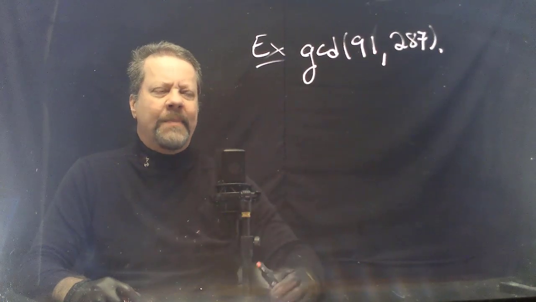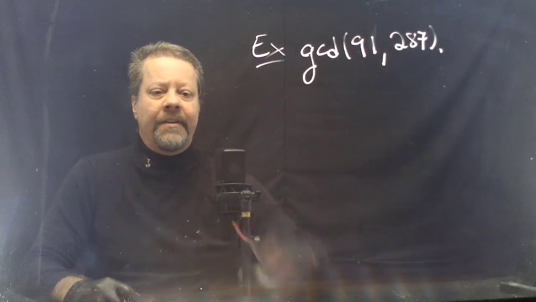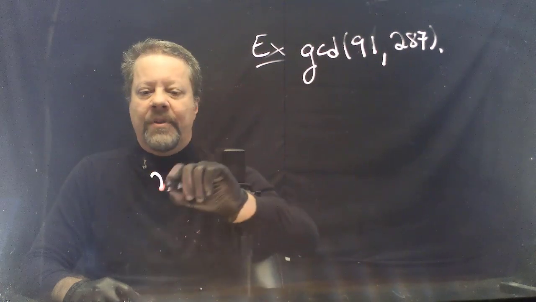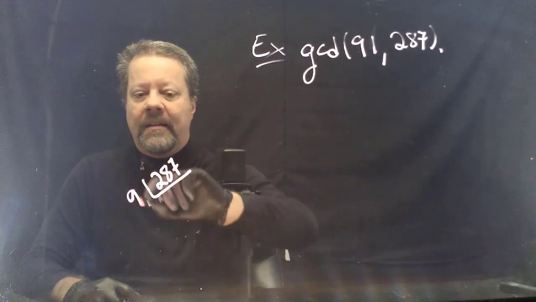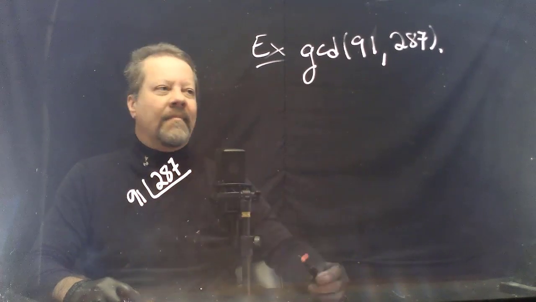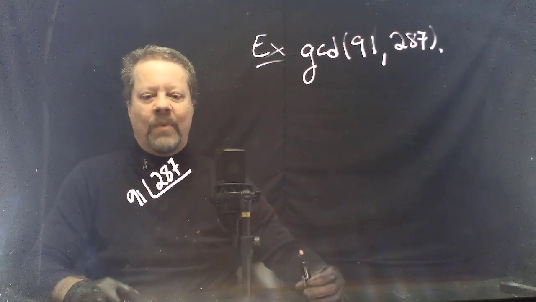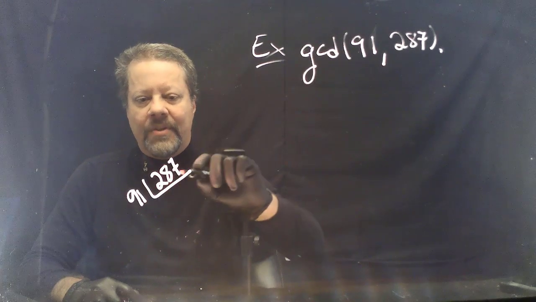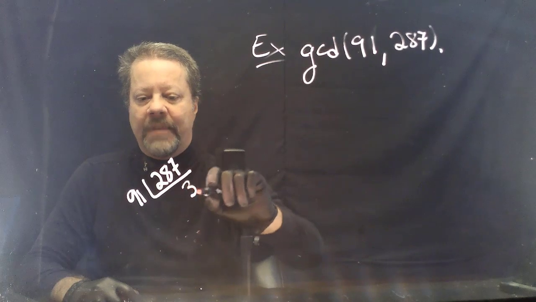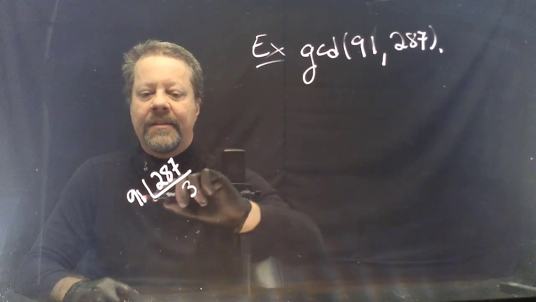The way this begins is by doing a division. 287 divided by 91. So how many times does 91 go into 287? Well, it goes into 287 3 times. That would be 273.